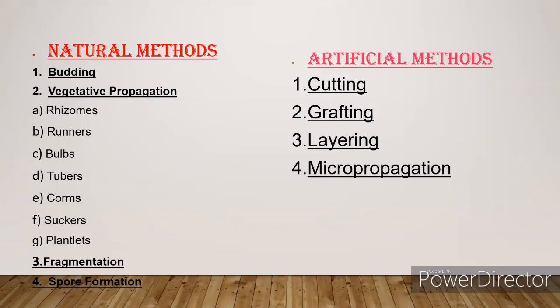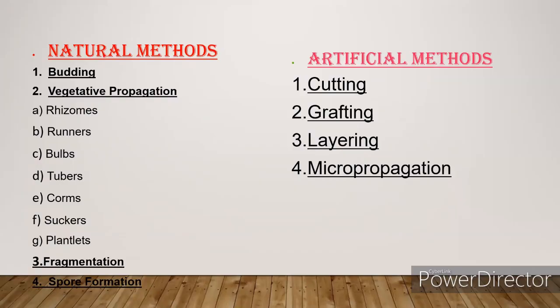Then the next is the natural method. The natural methods happen when the plants grow and develop naturally without human intervention. An important ability that is the key to enabling natural vegetative propagation in plants is the ability to develop adventitious roots. Through the formation of adventitious roots, new plants may sprout from the stems, roots, or the leaves of parent plants.